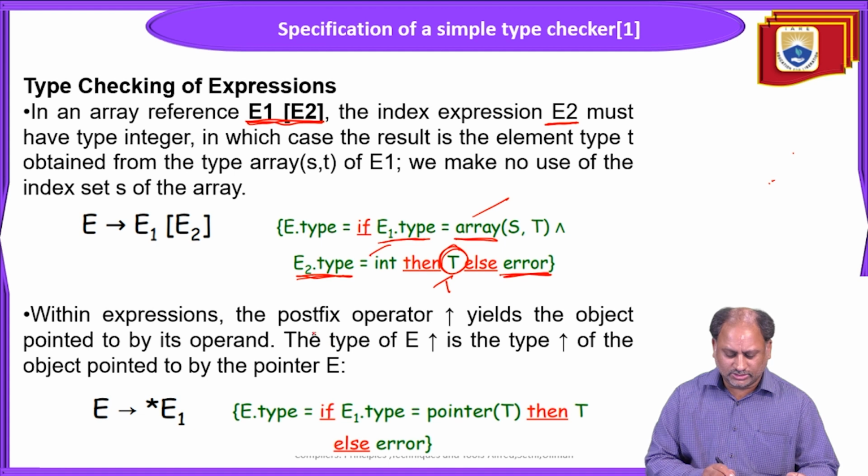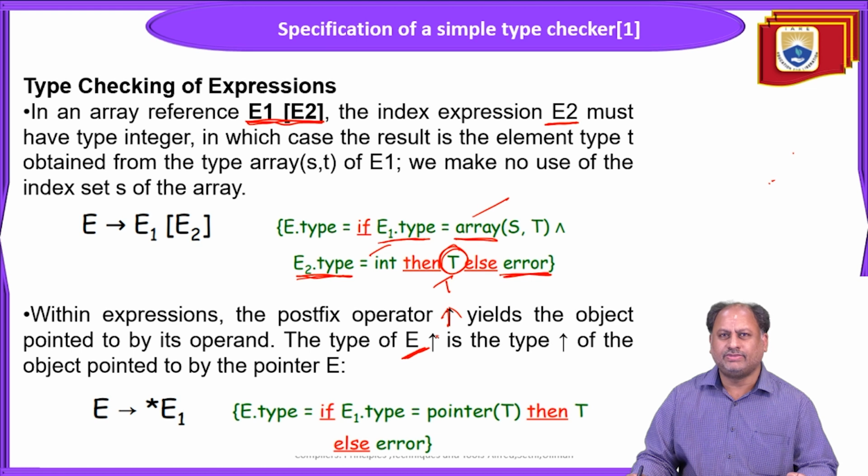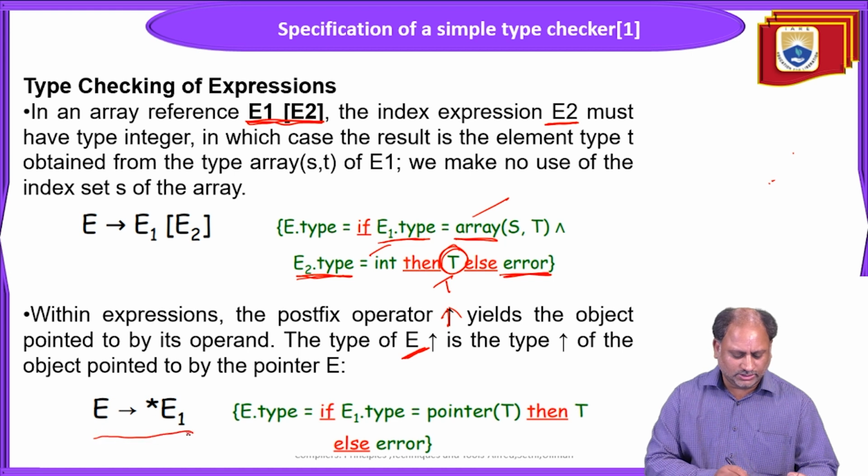Whereas the postfix operator arrow yields the object pointed to by its operand. Here the type of the expression is the type of the object which is pointed to by the pointer. So here we get one expression, E derives star E1. In this production, what is the type checking for E1 as well as E?